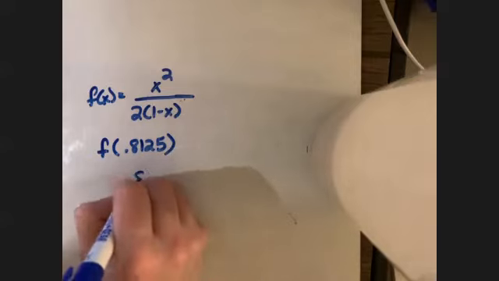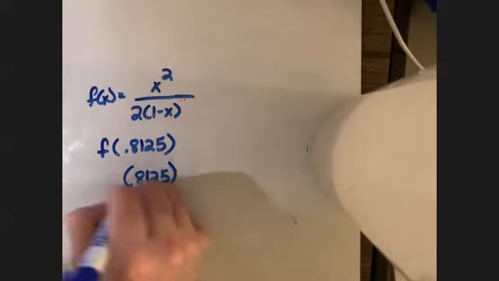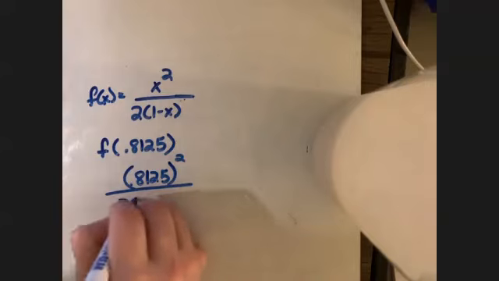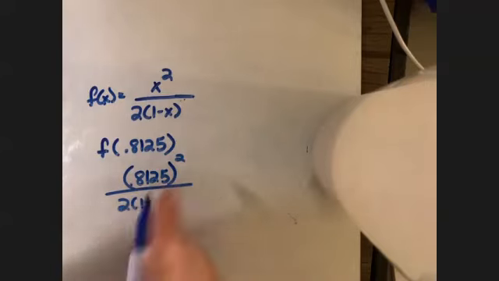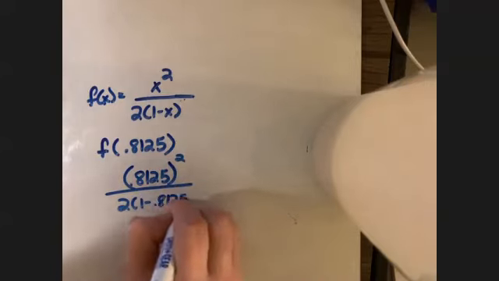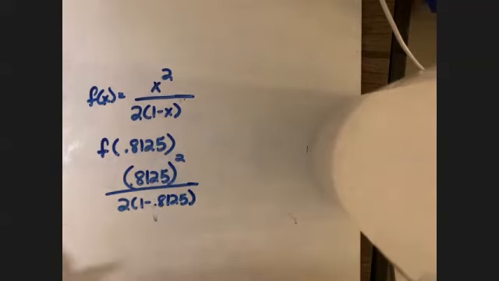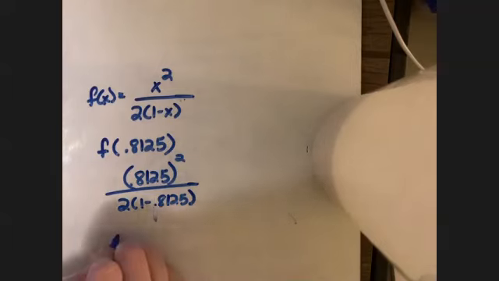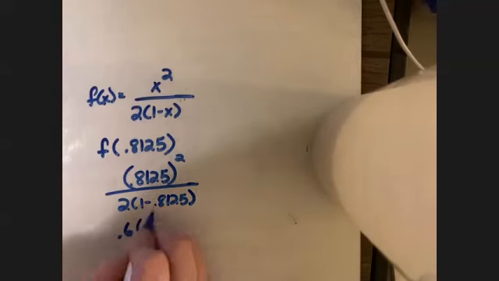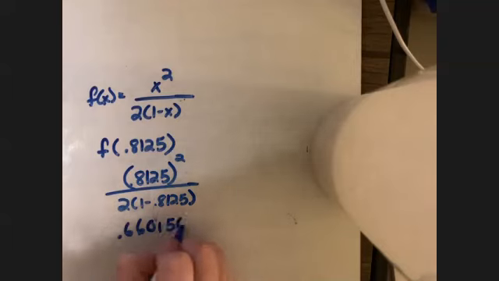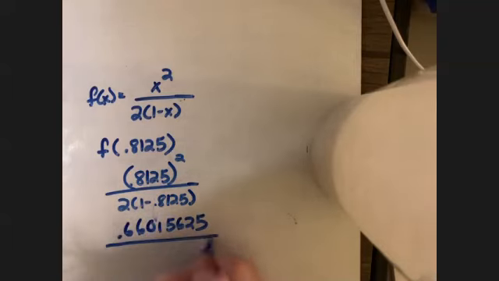So we're going to have 0.8125 squared over 2 times 1 minus 0.8125. Now, I'm going to clean this up just a little bit. So we get 0.66015625, and that is the full top.